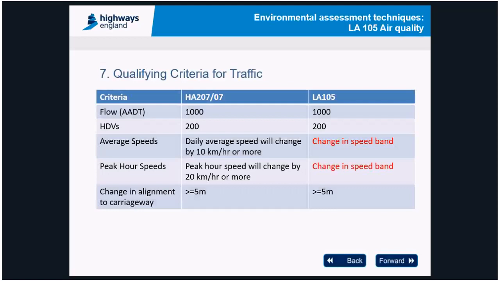The one element that we have changed, and I'll come on to this in a second, is we moved away from the daily average speed change of 10 kph or the peak hour speed change of 20 kilometers an hour, to bring it more into line with the work we've been covering over the last number of years and brought forward by interim advice note 105, which is speed bands now. So there isn't an average speed and there isn't a peak hour speed change, it's a change in speed bands.